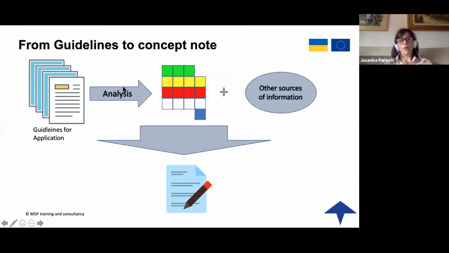So in this core part of this presentation, what I was trying to share with you, basically, yes, we started from the guidelines for applicants, but then I tried to tell you what are the elements of the analysis, what are the steps of the analysis, what are the 4 types of analysis you have to do. So it's a stakeholder analysis, problem analysis, objective analysis, and then strategic options analysis.